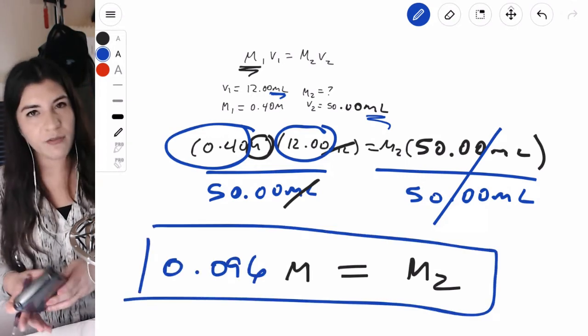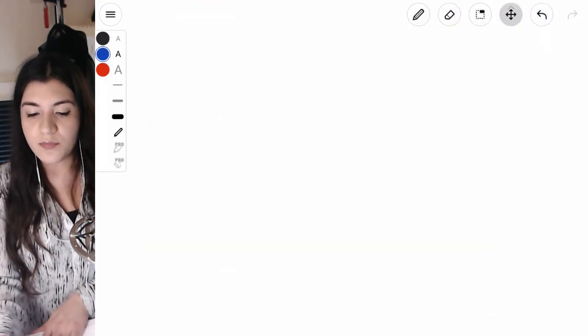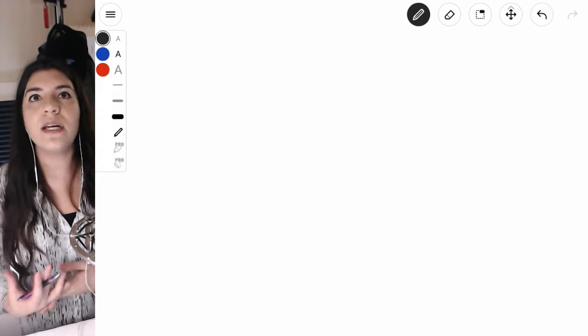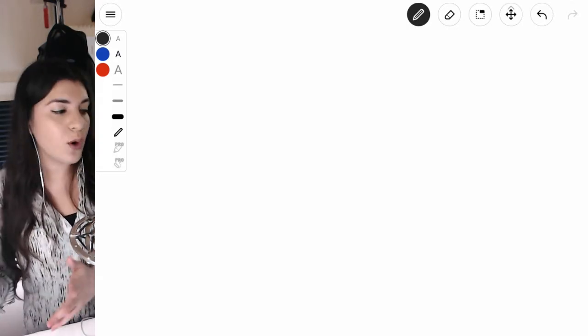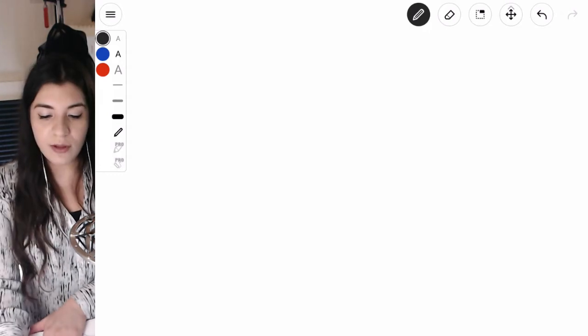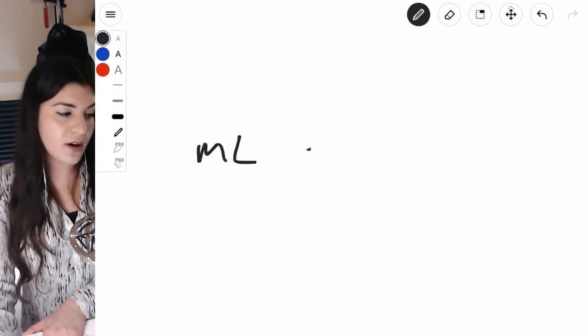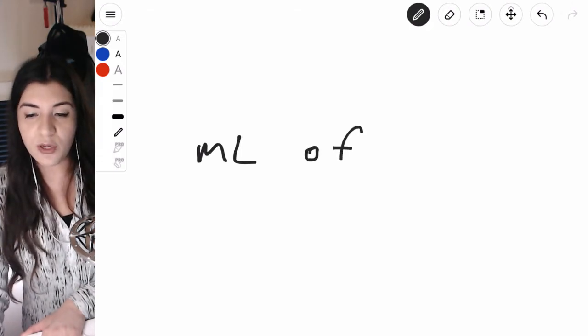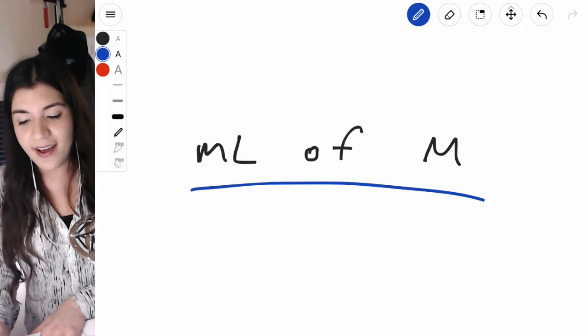So it was really just knowing how to plug everything into the formula. A little trick for you: a lot of times I see students look at this and say, which one is M1, which one's M2, I don't know what's what. Whenever they give you a volume, like milliliters of some sort of molarity, these two have to go hand in hand.